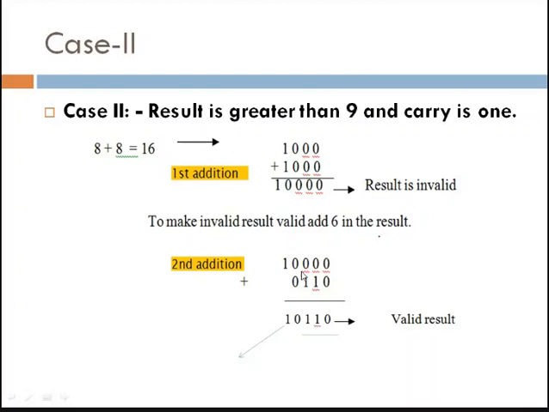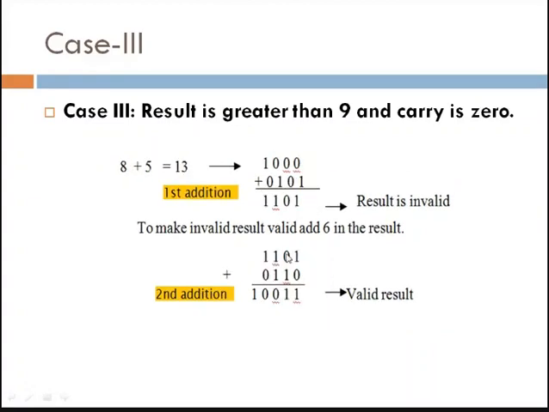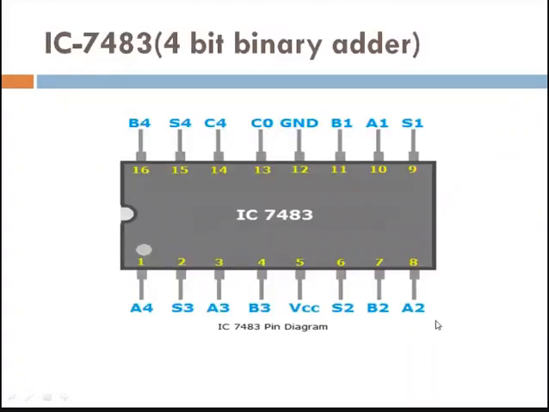So we are giving the carry input here. One pin is required for the carry output and one pin for the carry input. That's why the remaining two pins are for the carry input and the carry output. So C0 is the carry input and C4 is the carry output. In this way we require a total of 16 pins: 8 pins for inputs, 4 pins for outputs, 1 pin for ground, 1 pin for VCC, 1 pin for the carry input and 1 pin for the carry output.